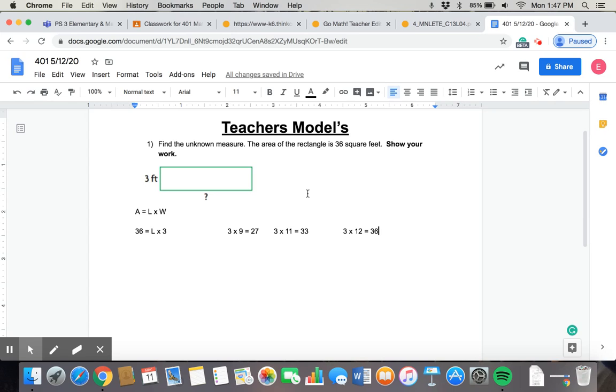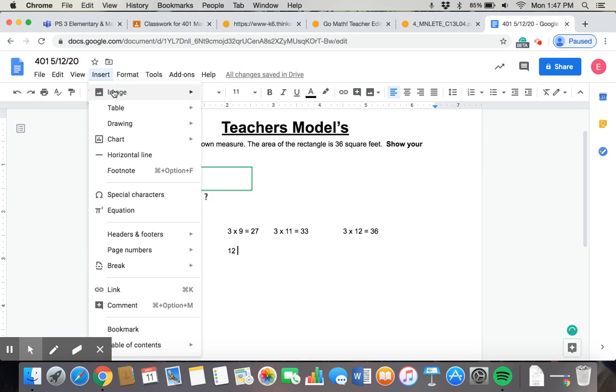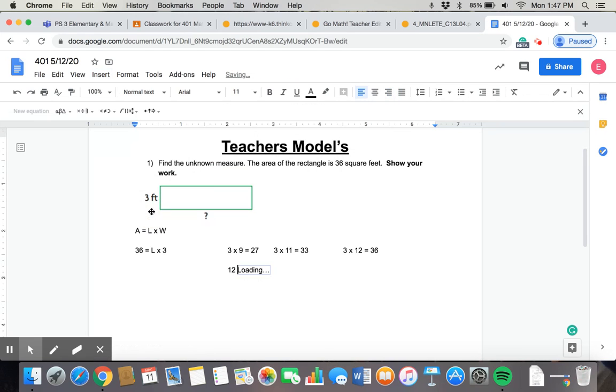Now, another way that we can do it is, we also know that multiplication and division are inverse operations. So that tells me that, for example, if I do 12 divided by 4 equals 3, I also know that 4 times 3 equals 12.